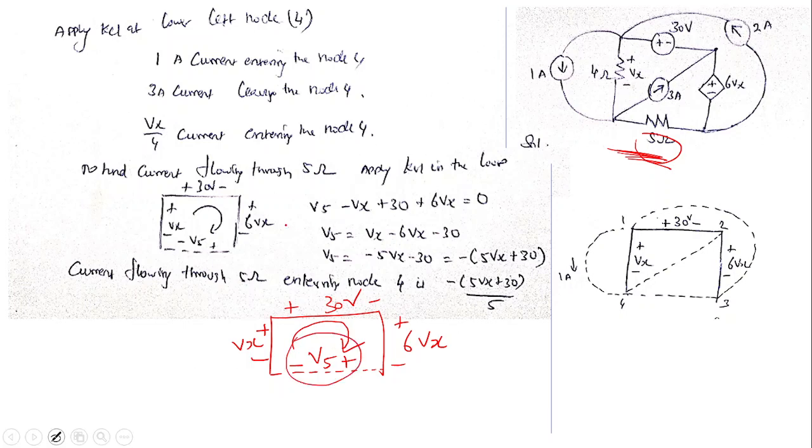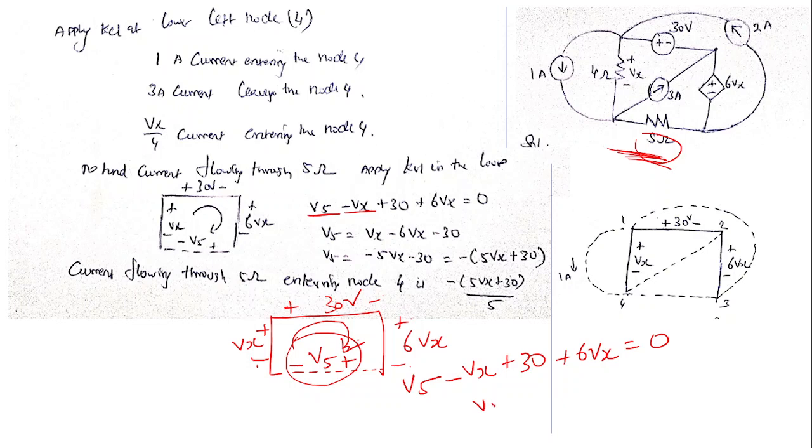So if I apply KVL here, I can start with plus V5, and then current is entering negative and leaving positive, so minus Vx. The current is entering positive, leaving negative, so plus 30, and current is entering positive, leaving negative, so plus 6 Vx, equal to 0.